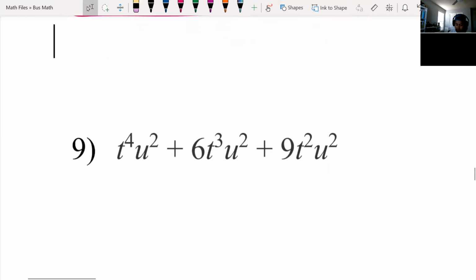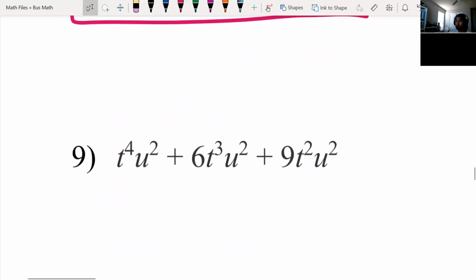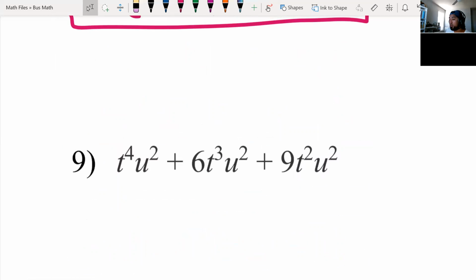Yuck, it gets uglier and uglier. All right. T to the fourth u squared plus 6t cubed u squared plus 9t squared u squared. Woof. Let's look for a common factor. T to the fourth, t cubed, t squared. What could we take out? T squared and u squared.